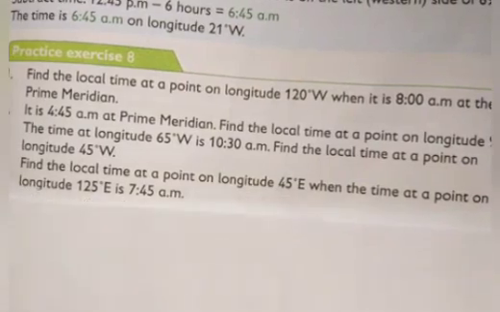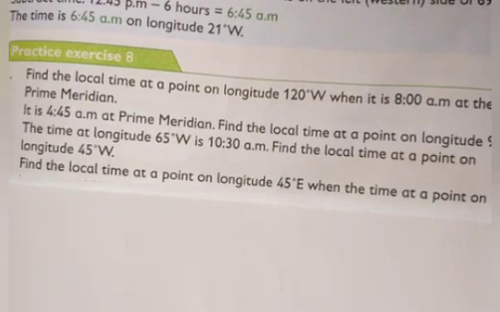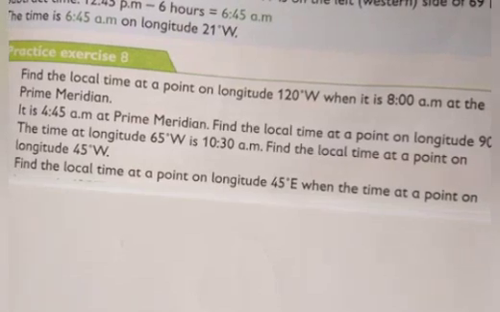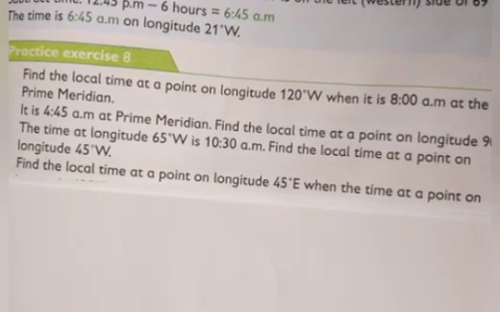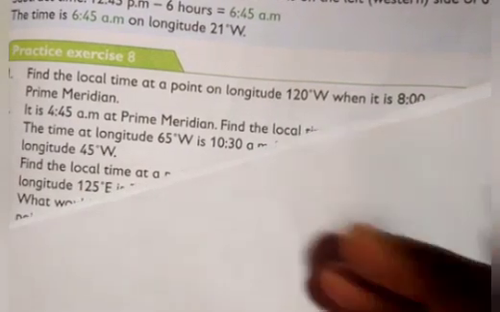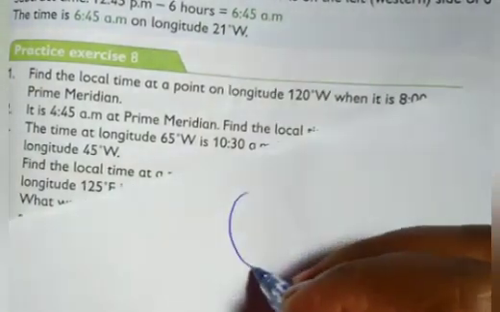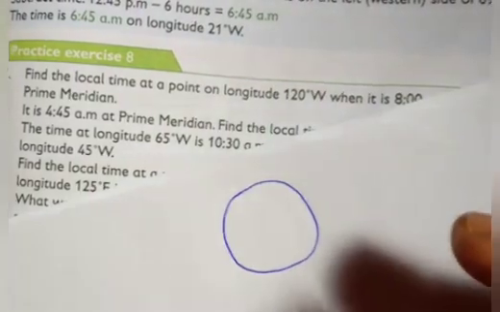Question 3. The time at longitude 65 degrees west is 10:30 a.m. Find the local time at a point on longitude 45 degrees west. So we can sketch and try to analyze the question.